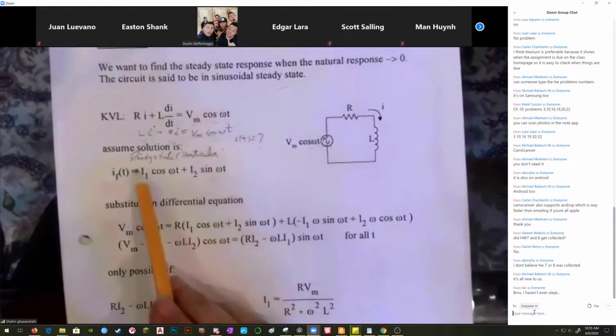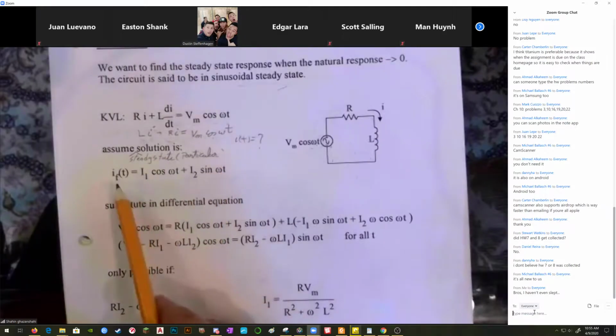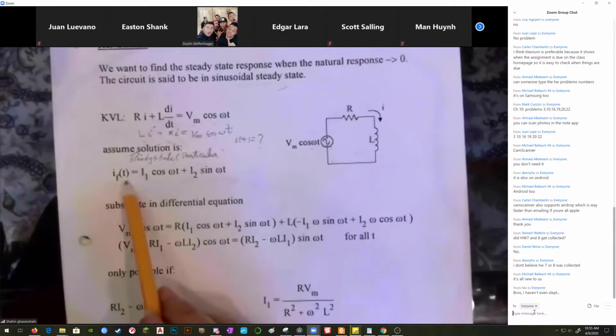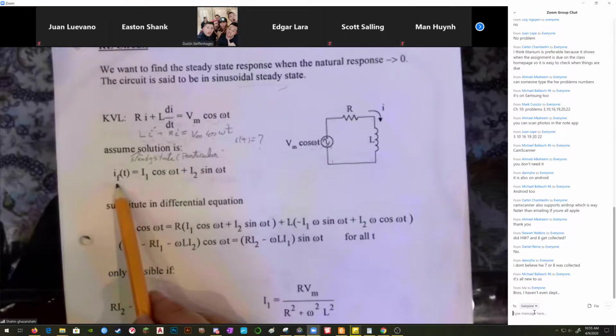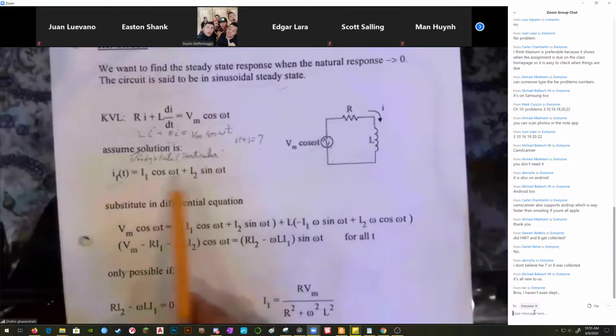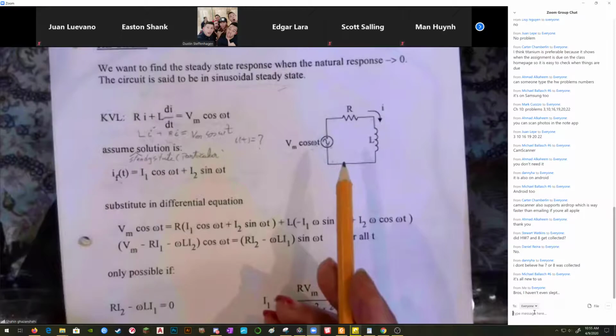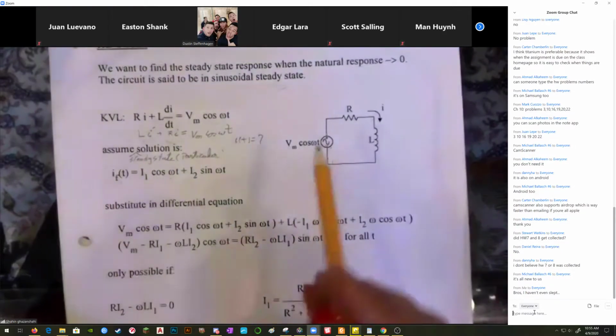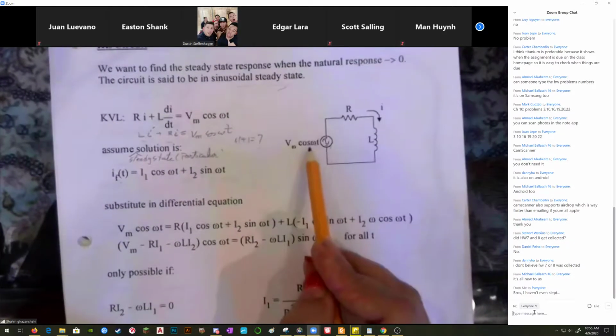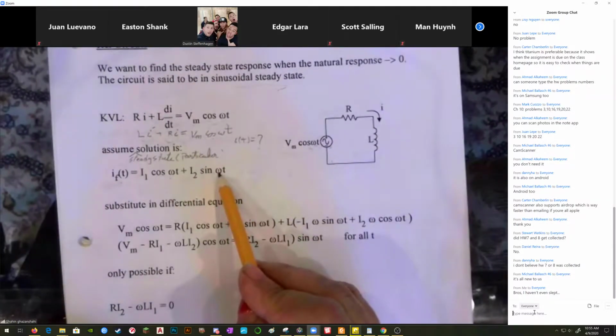Okay, now, like all the math, I assume that my final answer, or steady state solution, or forced response, has this general form: I1 cosine plus I2 sine. I don't know what I1 and I2 are. The only thing I know is that whatever the omega is here, all of the solution is going to have the same frequency.